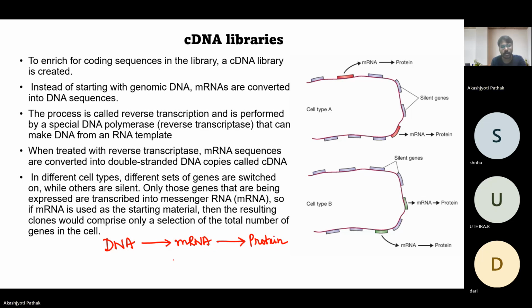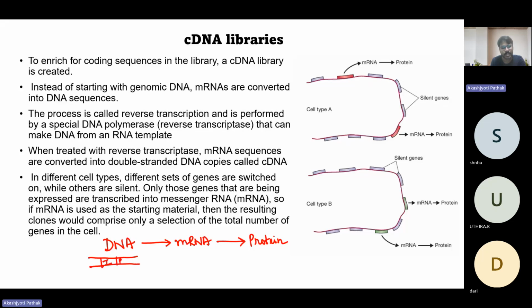Now, basically, what will the mRNA contain? It will contain only the information that is necessary for synthesizing a protein. So if you consider a eukaryotic genome, then it will have what? It will have both introns and exons.